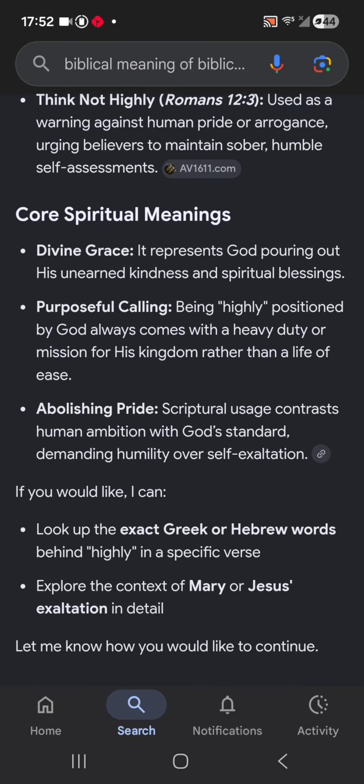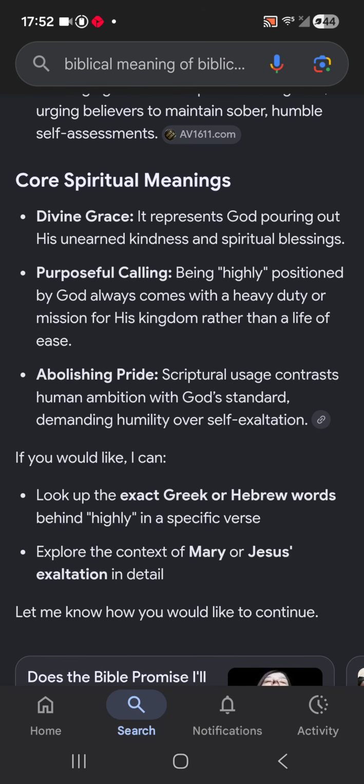self-assessment. Core spiritual meaning, divine grace. It represents God pouring out his unearned kindness and spiritual blessing. Purposeful calling. Being highly positioned by God always comes with a heavy duty or mission for his kingdom rather than a life of ease.